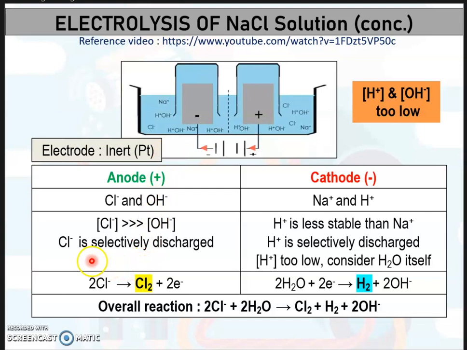So chloride ion will be discharged at the anode, but at the cathode, still hydrogen ion will be discharged. So this is the reaction for chloride ion. This is the reaction for hydrogen ion. Okay, and this is the overall reaction.